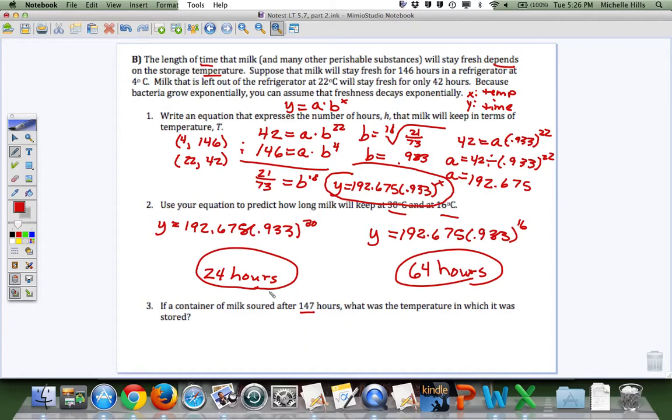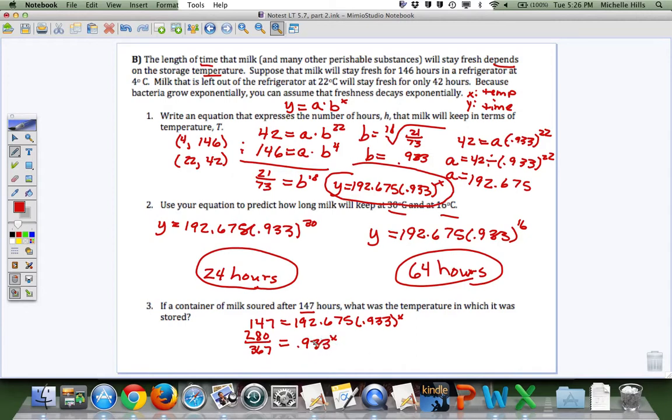This gives me the hours and wants the temperature. So 147 equals 192.675 times 0.933 to the x power. Holy moly. So if I take 147 and divide it by 192.675, it actually turns out to be a rational number, which simplifies to 280 over 367 equals 0.933 to the x power.